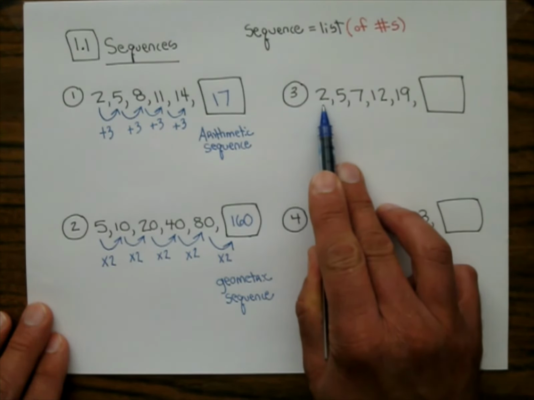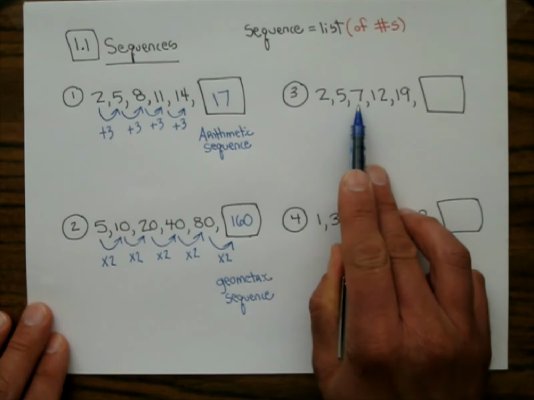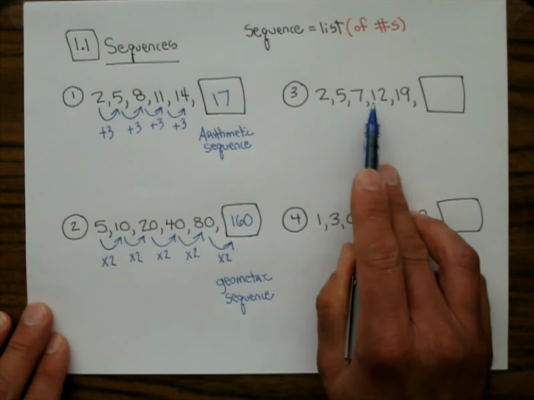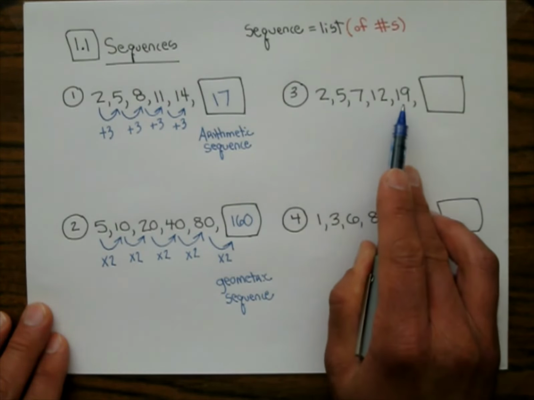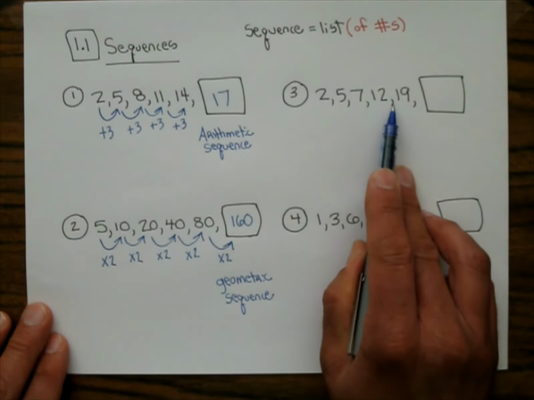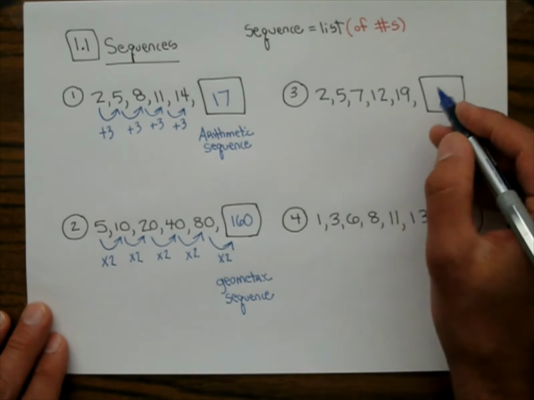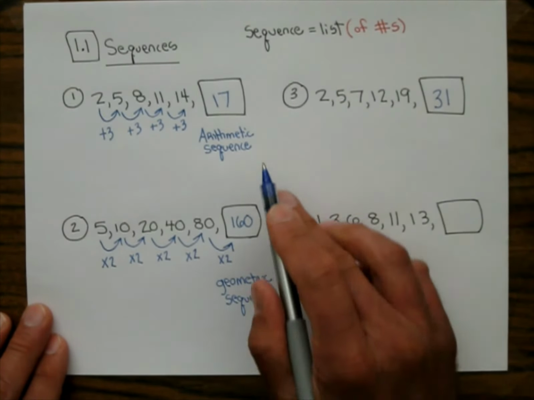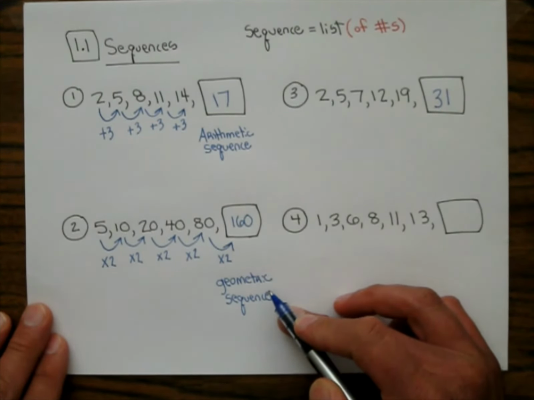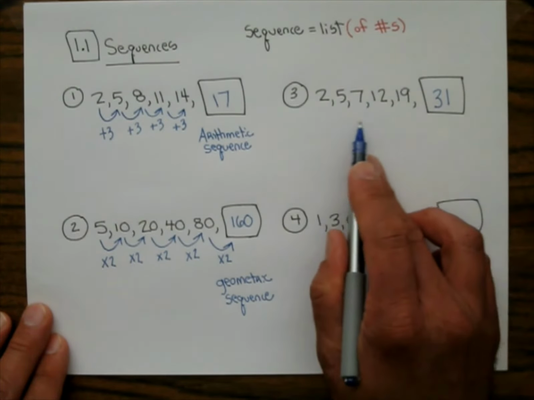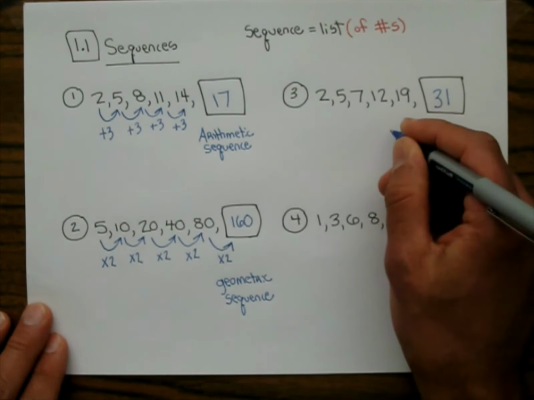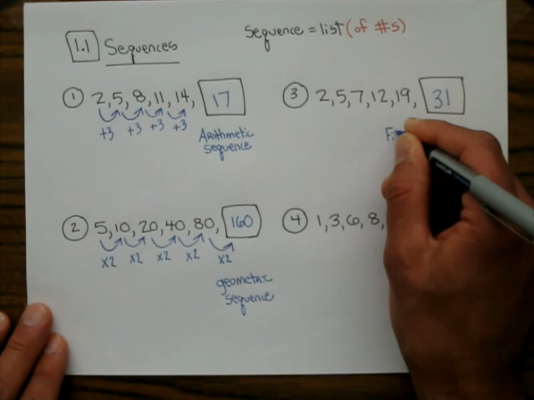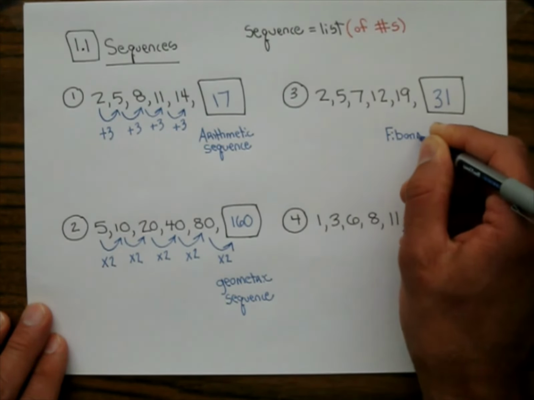But look at this: 2 plus 5 is 7. 5 plus 7 is 12. 7 plus 12 is 19. 12 plus 19, so that is the pattern, happens to be 31. So this is not arithmetic, not geometric. It's not even the Fibonacci sequence, but we're going to call this Fibonacci-like.